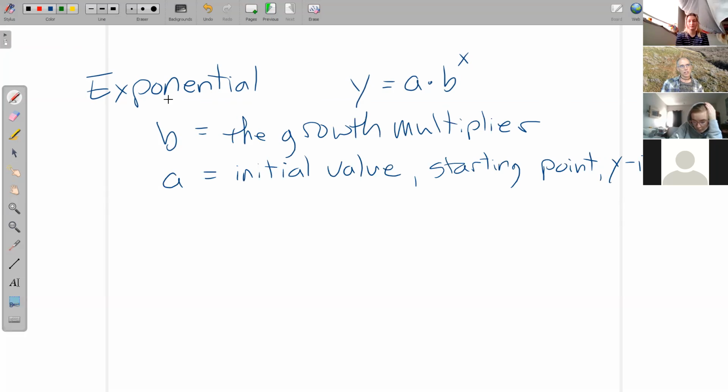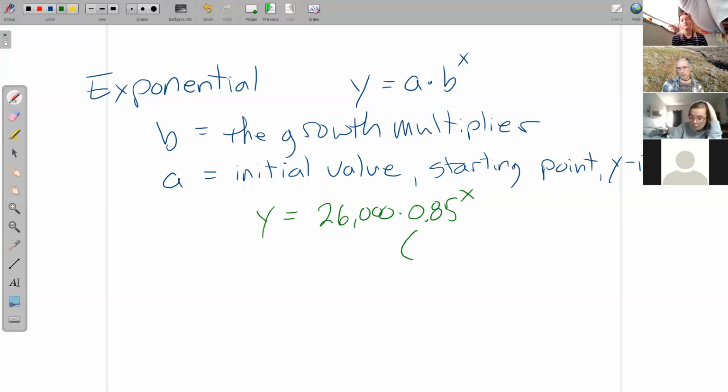And we had lots of different examples of this, but one example might have looked something like this. So this might be a car depreciation where the car loses 15% of its value each year, but we keep 85%. So that was the idea of that.